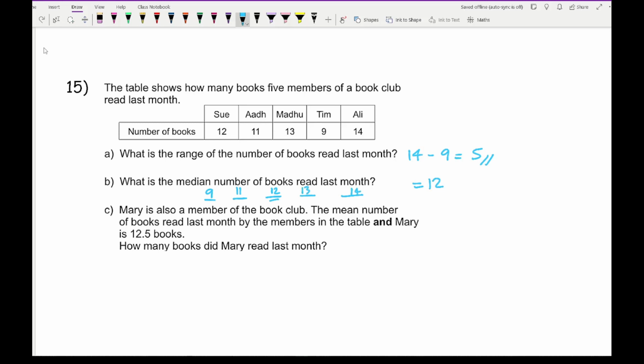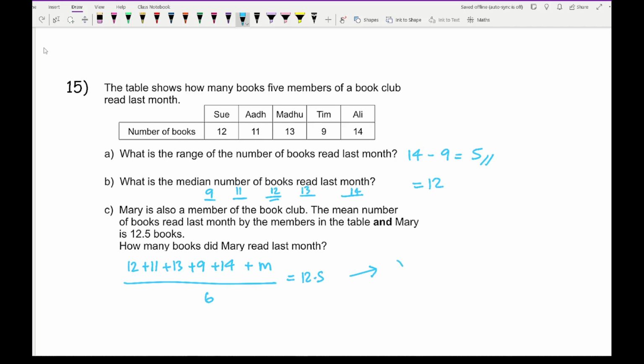Then for C, it says Mary is also a member of the book club. Her mean number of books read last month, together with the members in the table, was 12.5. How many books did Mary read last month? So what this question is saying is that if we add up all of the books that those 5 people read, plus Mary's, which I'm going to call M, and divide that by 6, that gives us an answer of 12.5. So simplifying all of this, 12 plus 11 plus 13 plus 9 plus 14 gives me 59.